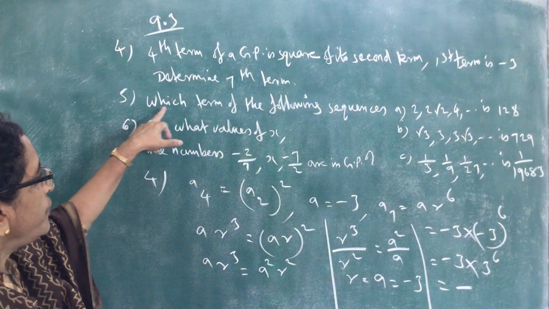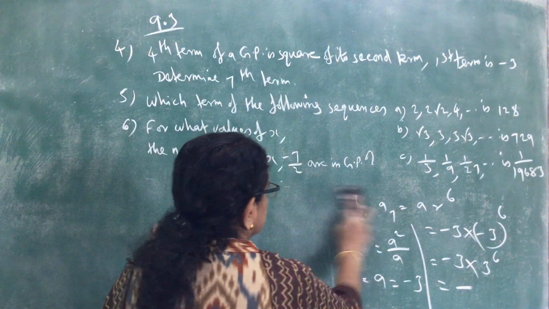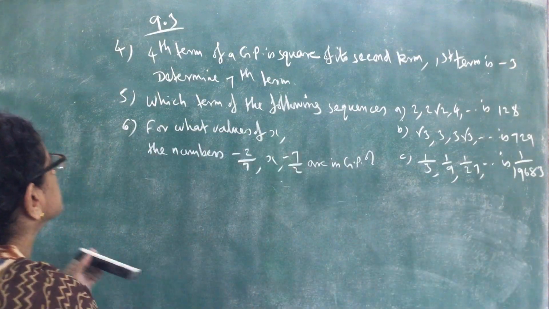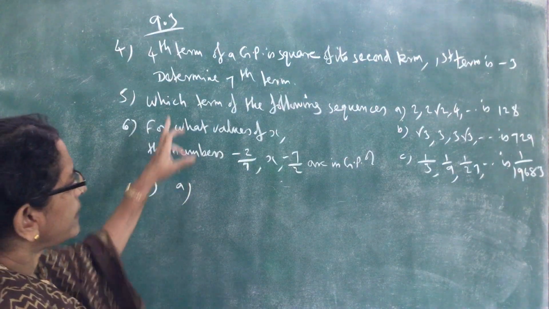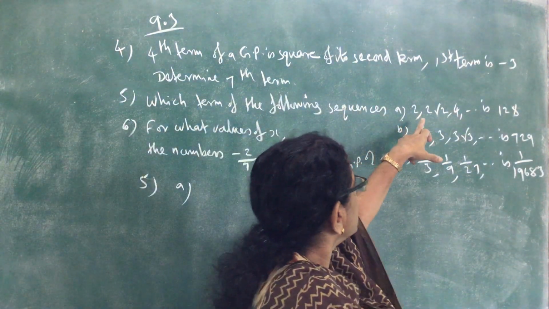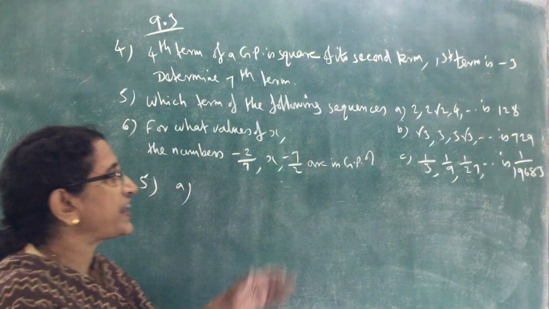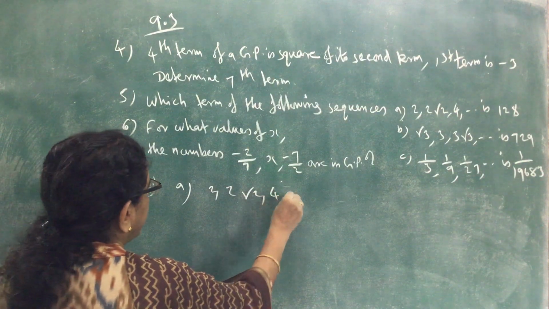Now fifth one. Which term of the following sequences? First A. So which term of the sequence 2, 2 root 2, 4, etc. is 128?